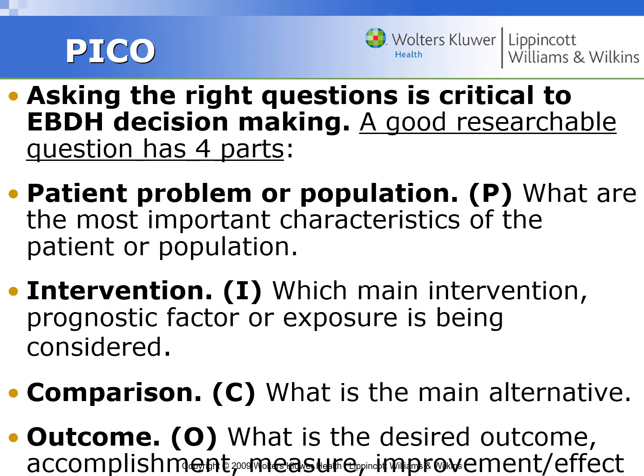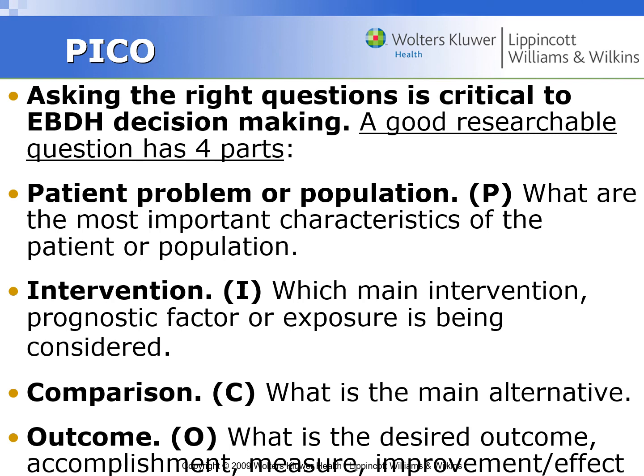PICO, P-I-C-O. PICO is an acronym. It's a way that we can follow a systematic way to make sure that nothing is left out of our treatments. So asking the right questions is critical to evidence-based dental hygiene decision making. A good researchable question has 4 parts.